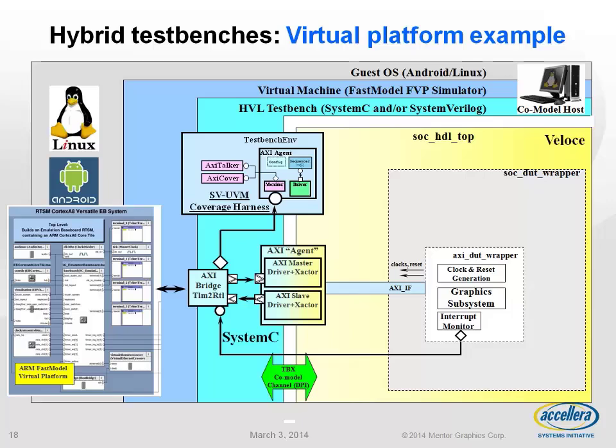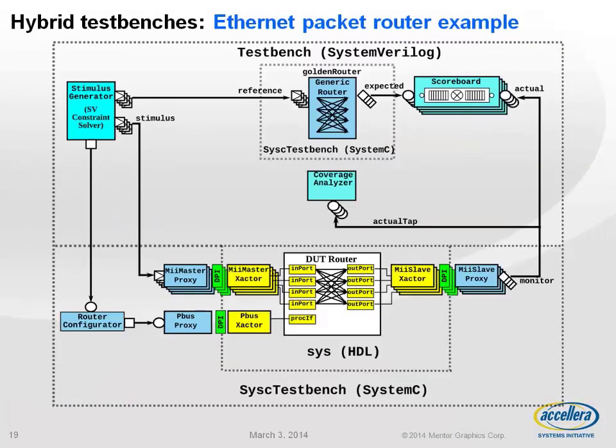So it's basically the SystemC itself is managing interactions to the virtual platform, but we're using the power of UVM for measuring coverage to tap off the transactions that come through the bridge and do some sort of coverage analysis on it. So there's an example of where you would then use UVM Connect because you're going across the SystemC UVM boundary.